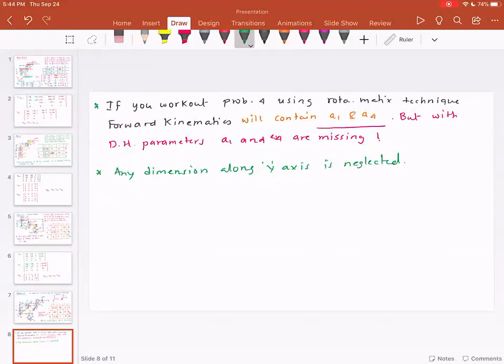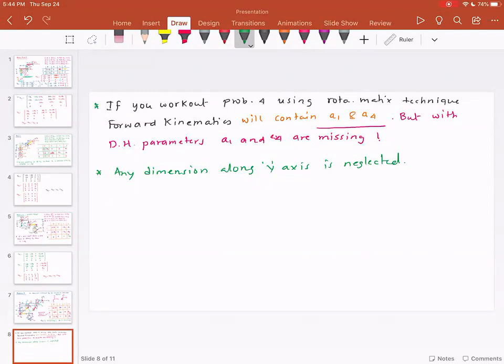So that's why I would recommend sticking to the technique that we discussed in class. But as a roboticist, you should be familiar with DH parameters, and also with the limitations of the DH parameter technique.